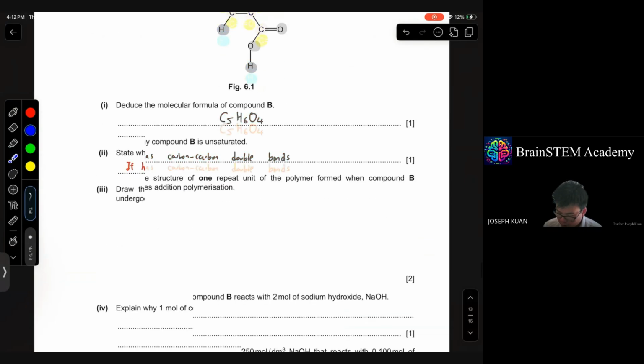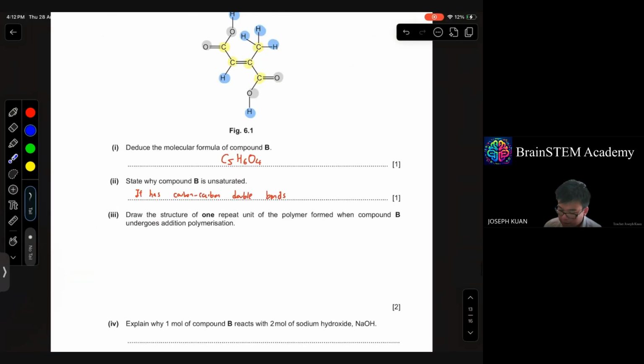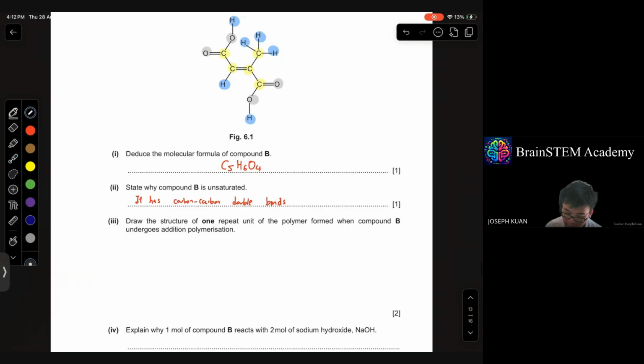Next, draw the structure of one repeat unit of the polymer formed when compound B undergoes addition polymerization. Now, the word addition usually refers to only one product formed. And for the IG syllabus, we only focus on alkenes. Alkenes undergo addition reaction. So the functional group of alkenes is the carbon double bond.